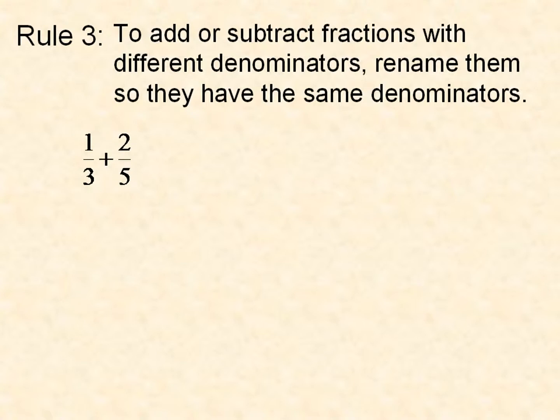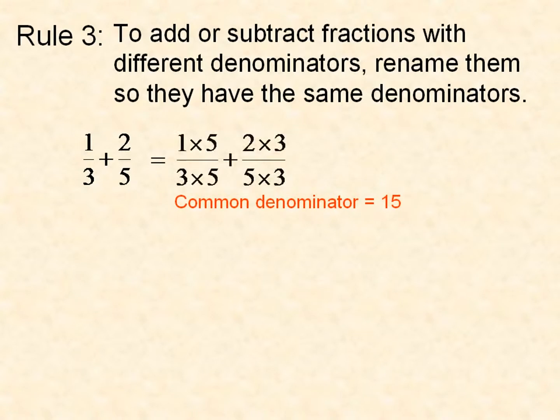Here we have to rename both the 1/3 and the 2/5. A common denominator is 15 because both 3 and 5 go into 15. So we will multiply 1/3 by 5/5, and we will multiply 2/5 by 3/3. This gives us 5/15 plus 6/15, which is 11/15.